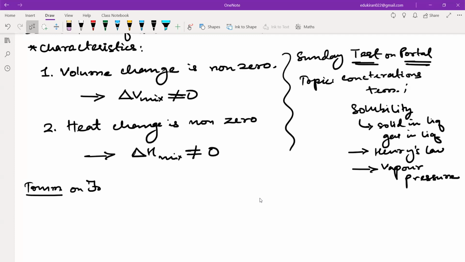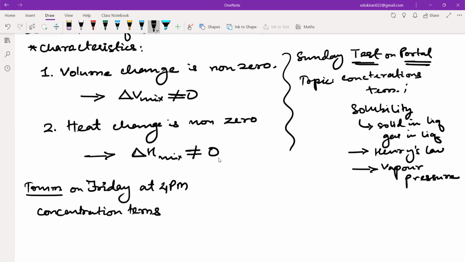Now there is one more announcement, which is tomorrow, on Friday, at 4 p.m. after the class, you will have a class on concentration terms. Okay, now you tell me who are the students who want a class on concentration terms.